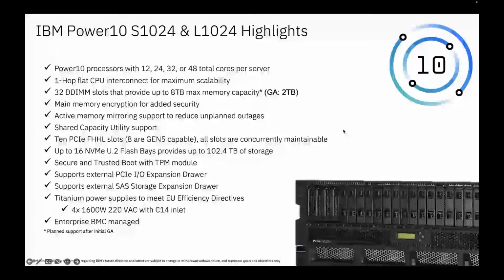The 1024. So I jumped to the 4U box to stay from the smallest to the largest, and we have 12, 24, 32, or 48 cores per server. This is amazing. And 32 DDIMM slots. Other things are similar to the architecture.